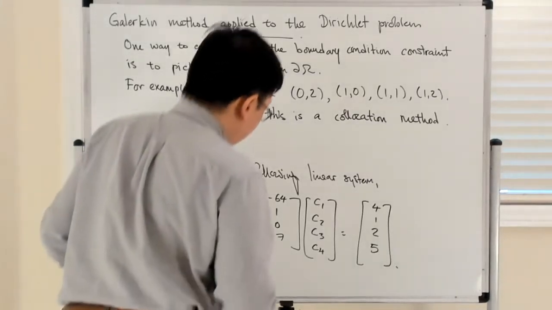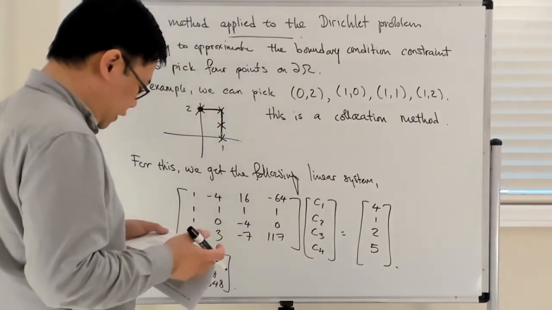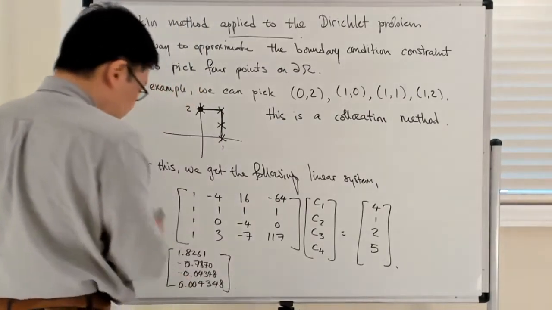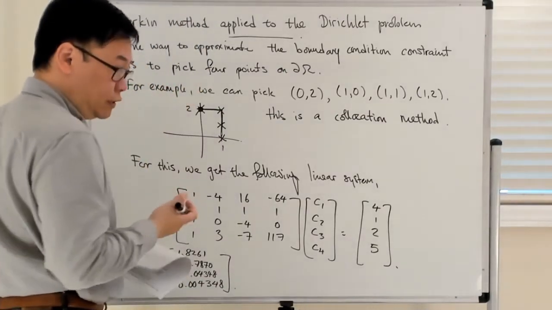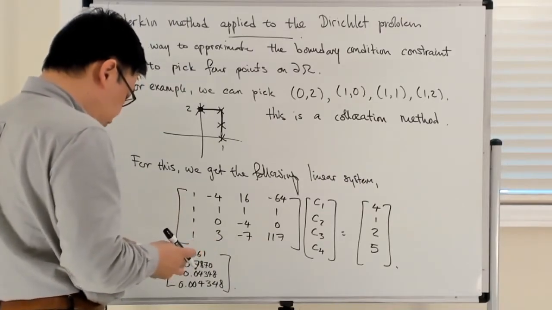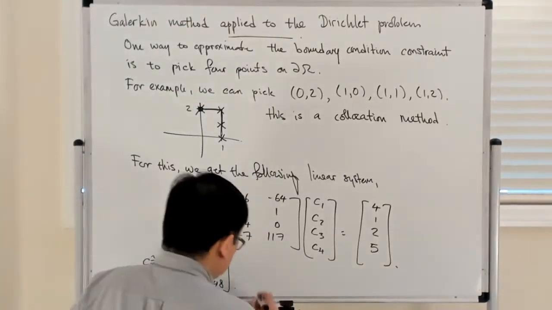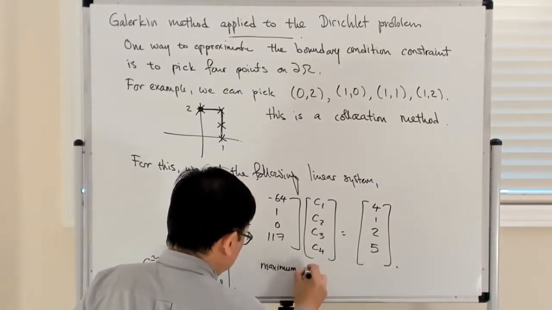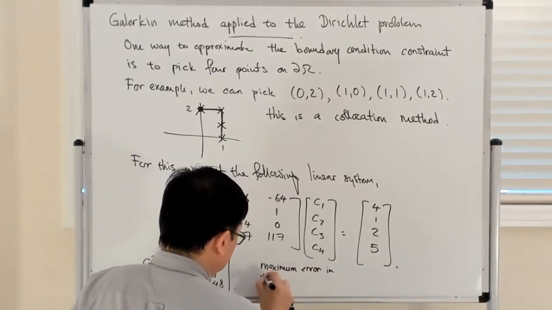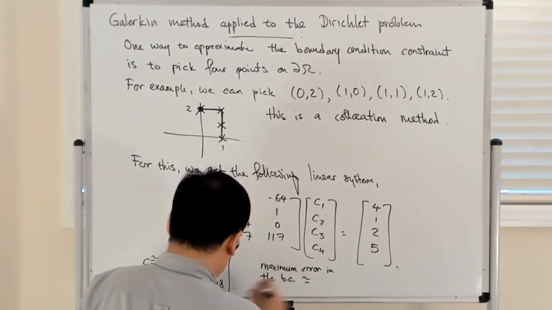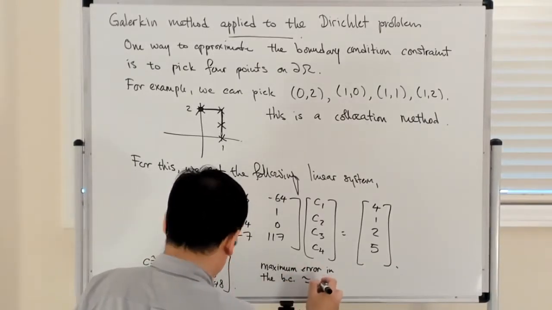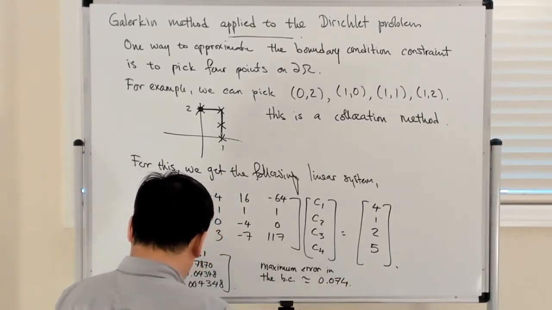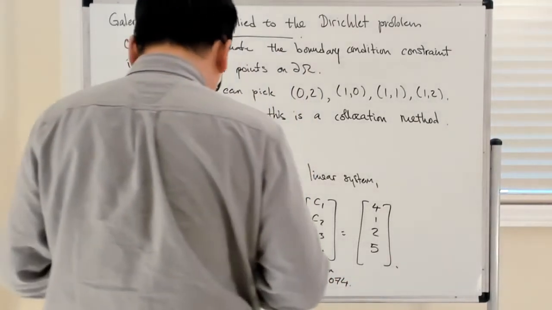And then with that, you can check what the error in satisfying this boundary condition over the entire interval is. For this particular choice of linear combination of u1 to u4, the maximum pointwise error in the boundary condition, the infinity norm, is about 0.074. Okay, so that's one way to do this.